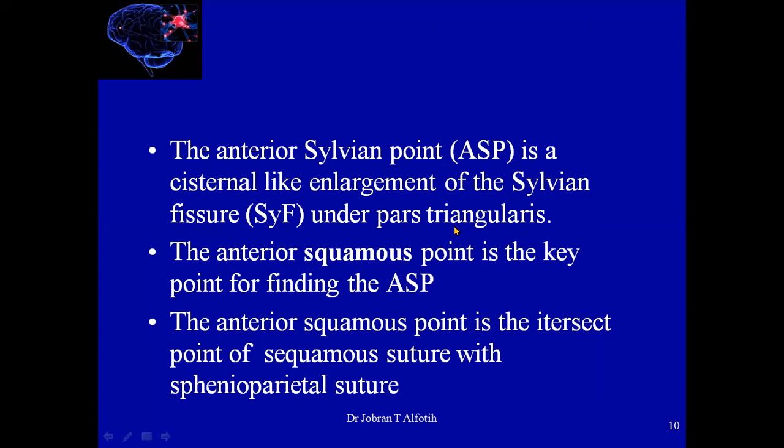So how can we find the ASP, the anterior sylvian point? By finding on the skull what's called the anterior squamous point, also abbreviated ASP. The anterior squamous point is the meeting point between the squamous suture and the sphenoparietal suture.